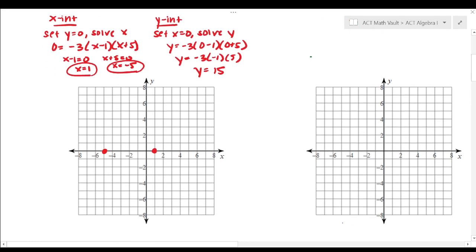Okay, so now we have our intercepts, but really, I want to figure out where is the vertex, somewhere along this line, right? Well, if I take the 1 and -5 and I average them, I get -4/2, which is -2. Okay, so the axis of symmetry must be there.